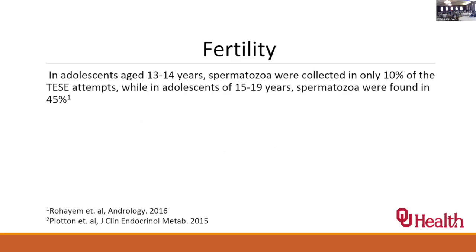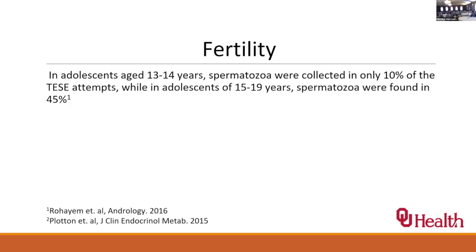So one interesting fact about fertility is that in some studies, in adolescents up to 14 years, spermatozoa are not very common. And again, this is probably as they're very early in puberty. The thought is maybe if we look at this very early on, we can have a better chance of getting intact or viable spermatozoa.